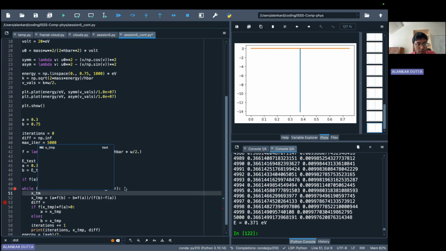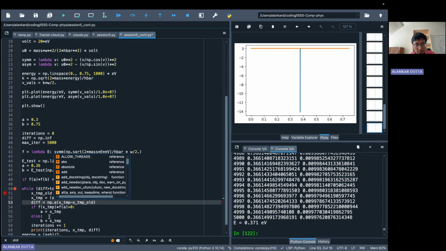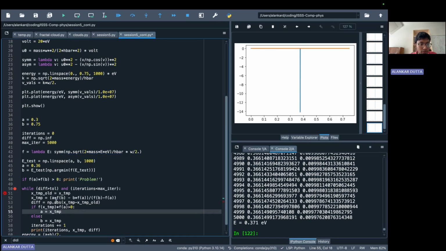X underscore TMP old is equal to X underscore TMP. And now the difference will be X underscore TMP minus X underscore TMP old, right? And this will be np.abs, absolute value of this.